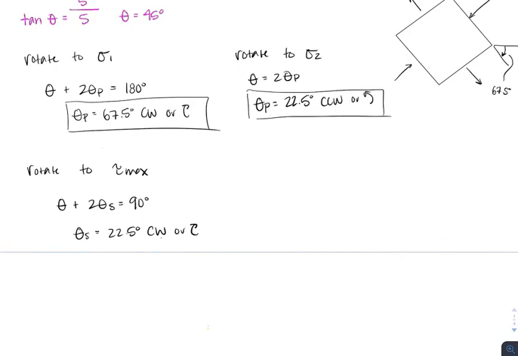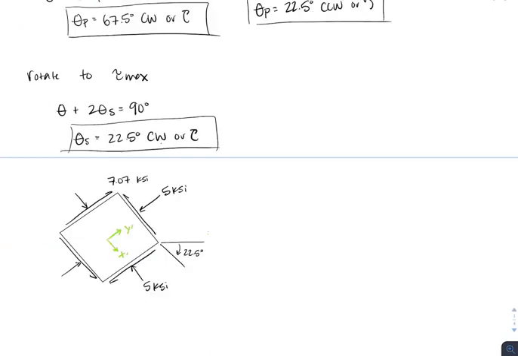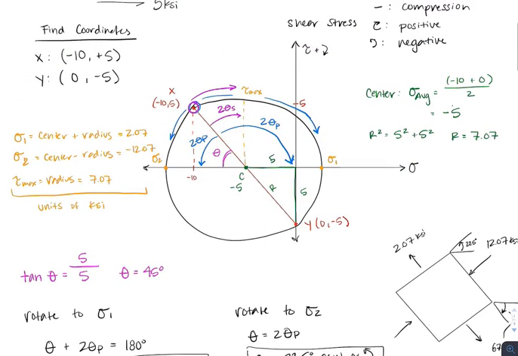So now I'm just going to go ahead and put these on a stress block. So here's what those stresses look like on the stress block when the stress block gets rotated counterclockwise 22.5 degrees. And in order to get those stresses on the stress block, you basically just take the coordinates of the rotation. So we rotated our point x right here to tau max.